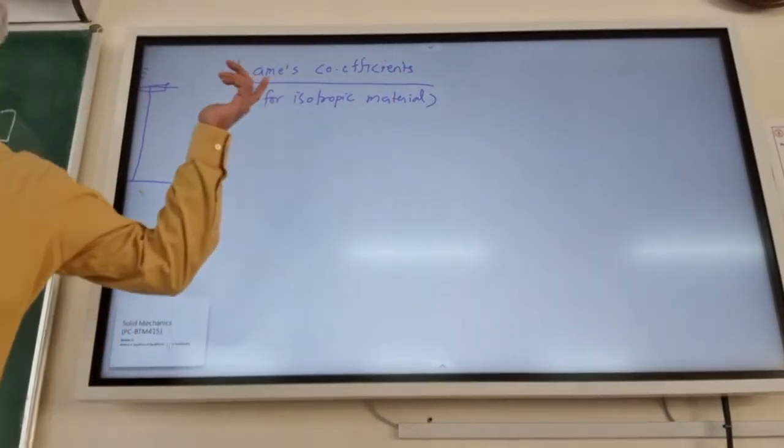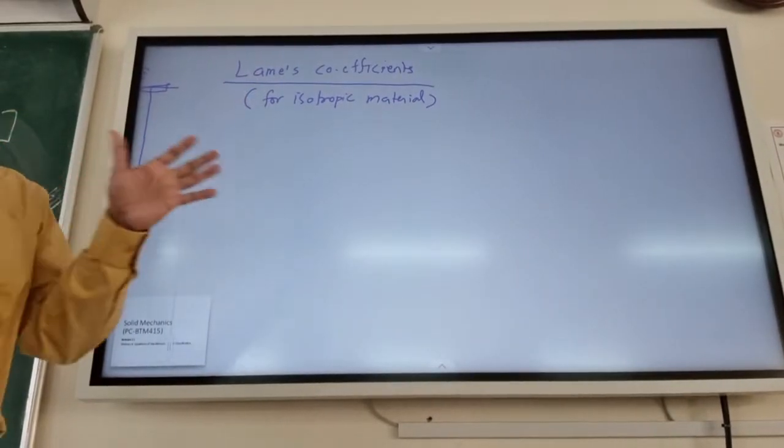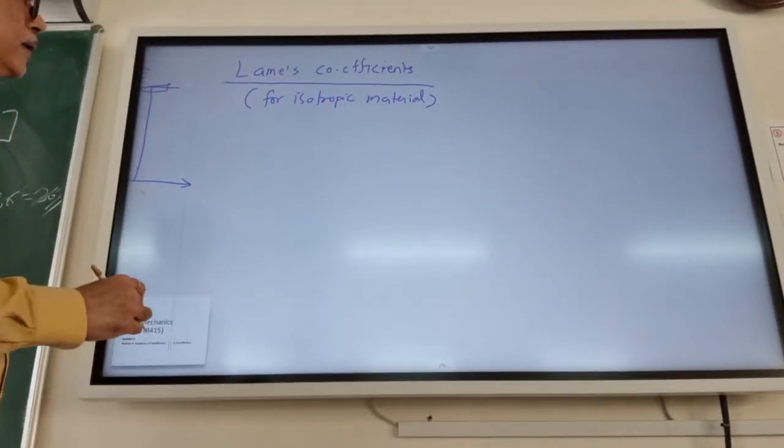Again, these coefficients are defined for isotropic material, with properties which are identical in all directions.